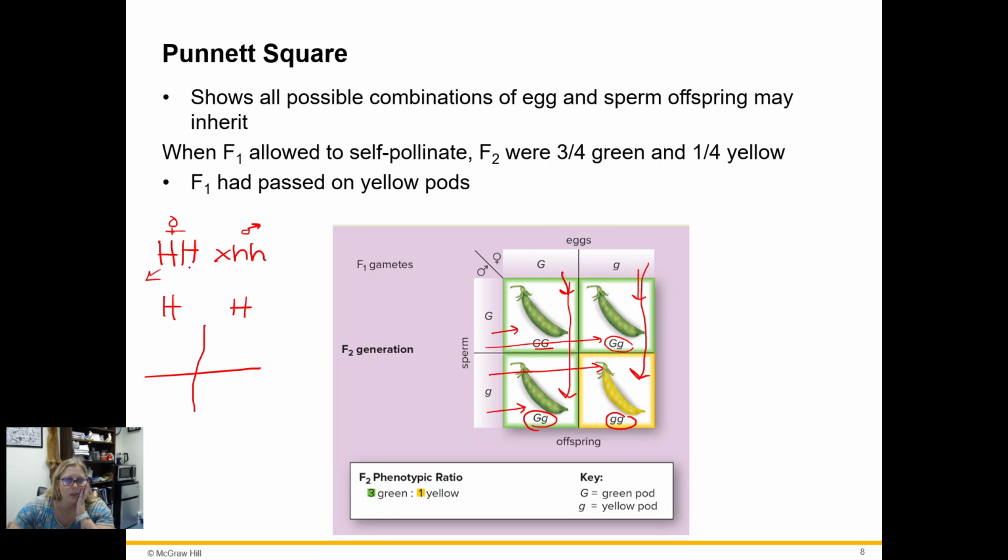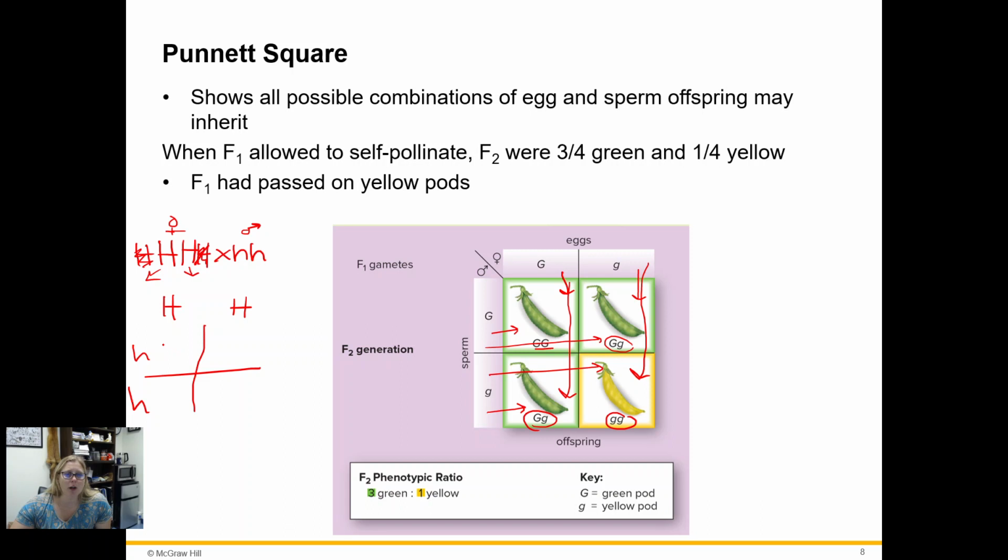Because this individual can donate a dominant or dominant, and then recessive or recessive. And I know this is only 2, but think about it this way, right? This is going to get replicated, and we're going to end up with 4 large H's, right? Well, it doesn't matter what gamete I look at. They're all going to inherit a dominant H. So I'm a little less worried about that, okay? But if that helps you, do it.